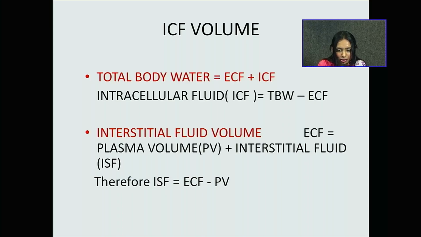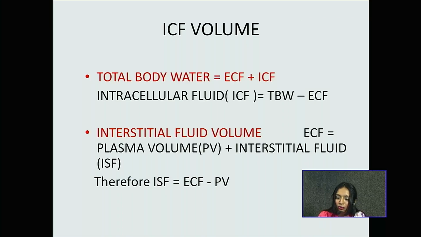Then the ICF volume. How will we calculate the ICF volume? Total body water, which we know, is ECF plus ICF. Then with the basic mathematics, intracellular fluid will be calculated by total body water minus ECF. Now the interstitial fluid volume.